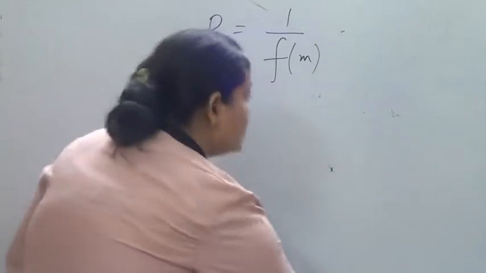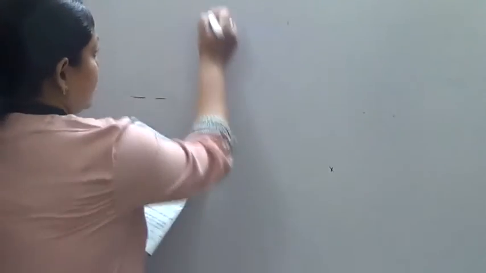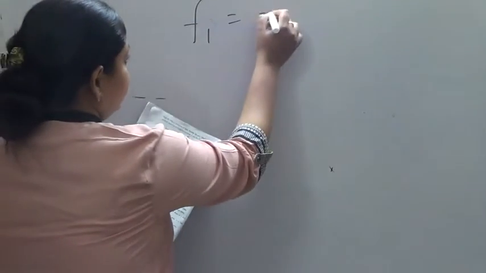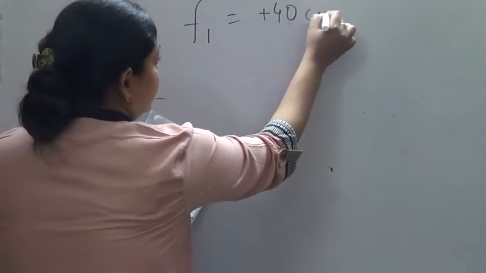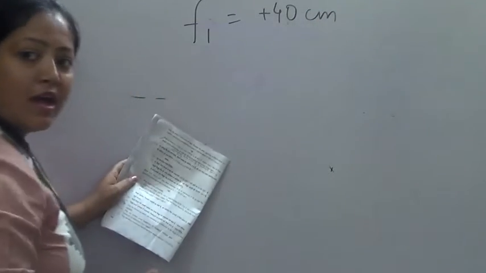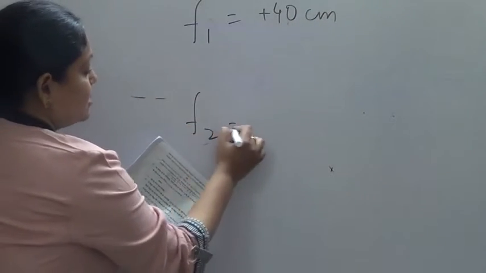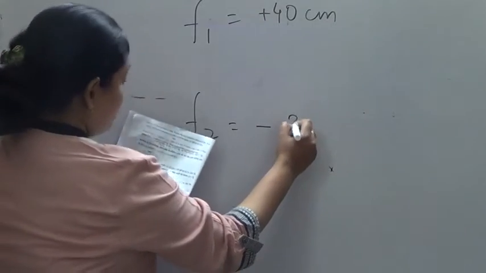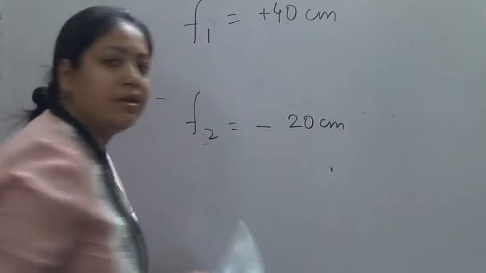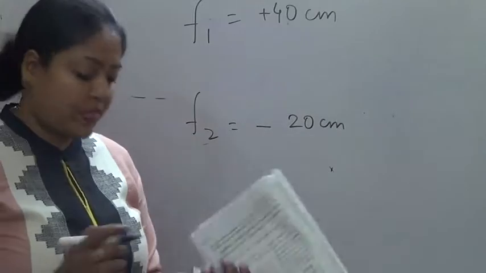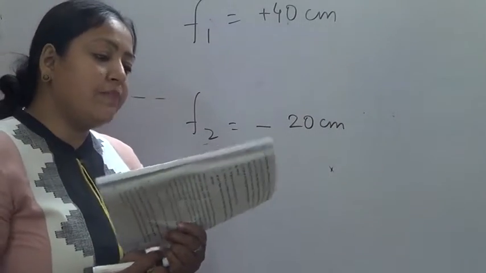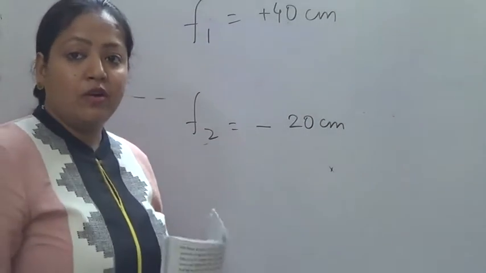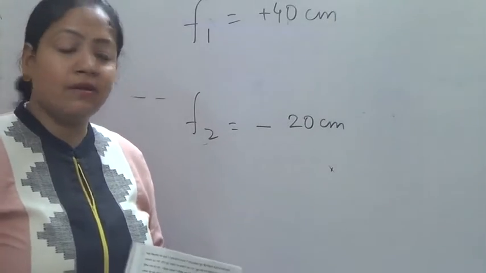So F1 is given as plus 40 centimeter and F2 is given as minus 20 centimeter. Now what you have to find is the power and nature of each of these two lenses.